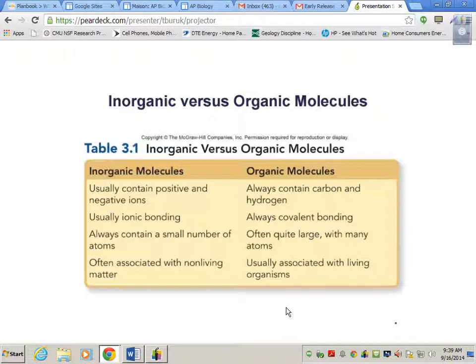Okay? They always contain small numbers of atoms. Usually aren't these big plethora of molecules like C6H12O6. Does that sound organic or inorganic? Organic. As soon as you hear me put numbers after the letters and symbols, you know you're probably talking about an organic molecule. And inorganic are often associated with non-living matter, whereas organic are associated with living matter.